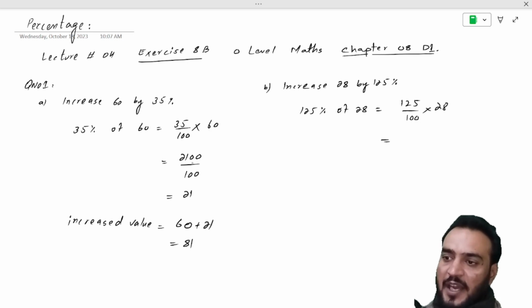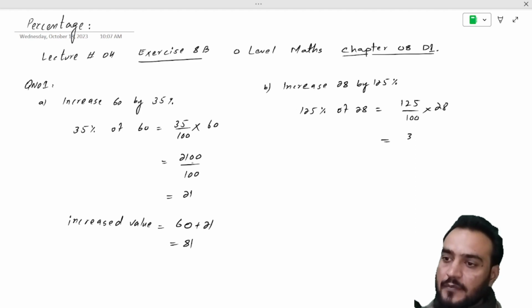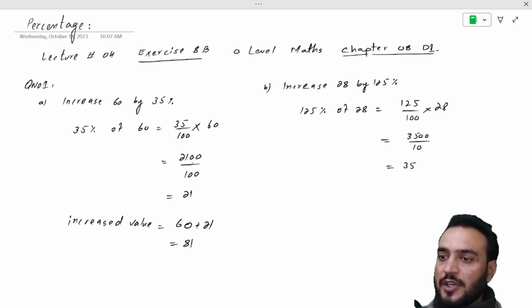If we multiply 28 by 125, we get 3500. 3500 divided by 100, the answer will be 35. So 125% of 28 is 35.